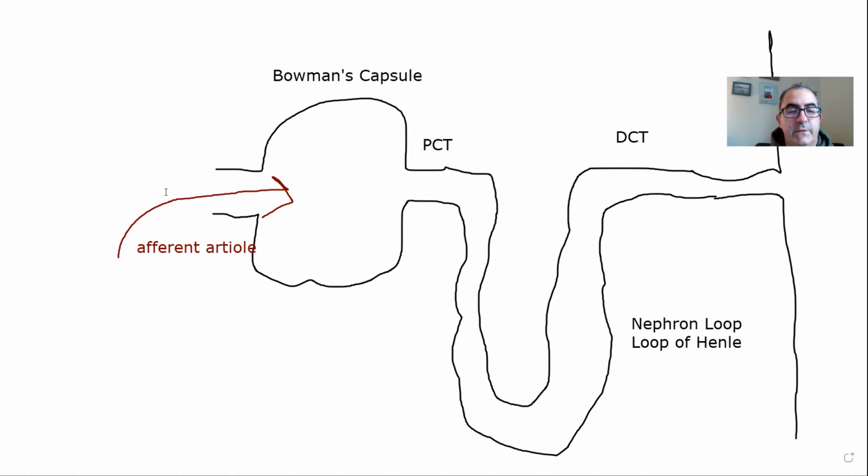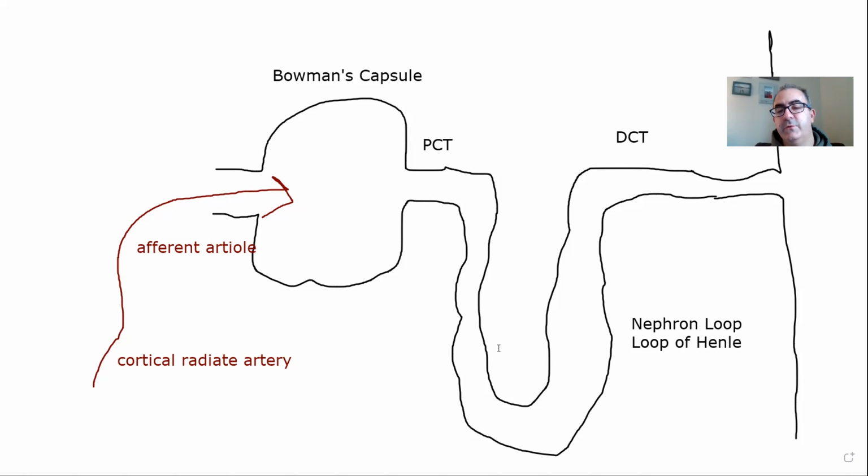So you have a little artery branching off of the cortical radiate down there. The cortical radiate artery branches into an afferent arteriole. The afferent arteriole leads into Bowman's capsule.